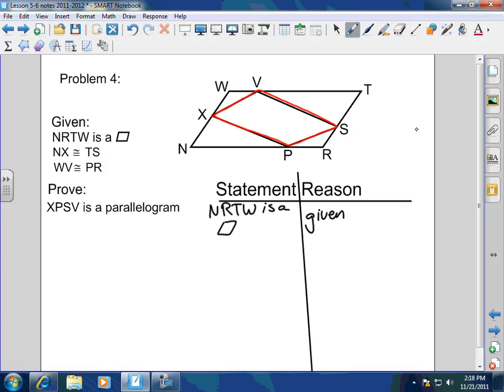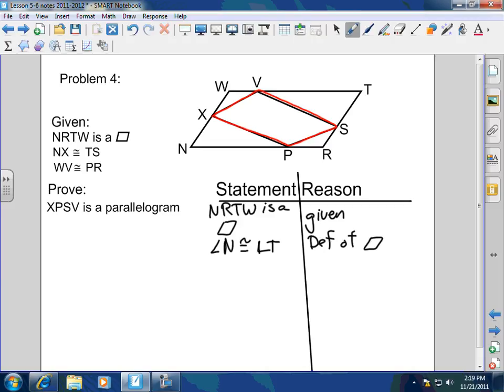Now let's think about those angles that would be associated to those sides. That is true, but it's not going to help you. What's going to help you here is angle N is congruent to angle T. Definition of parallelogram.